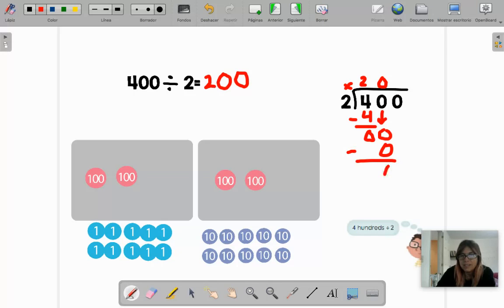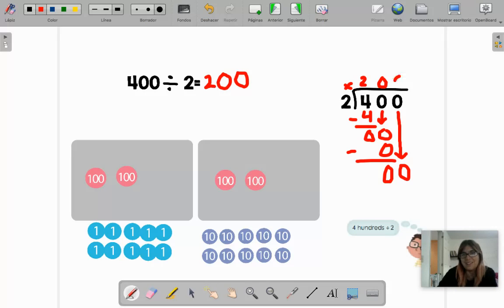Subtract. And even if it's a 0, right now that you are starting, it's okay, do it, okay? Bring down the next number. Now that you have hundreds, even the next number, we bring it all the way down to catch the other number, okay? So what times 2 equals 0?